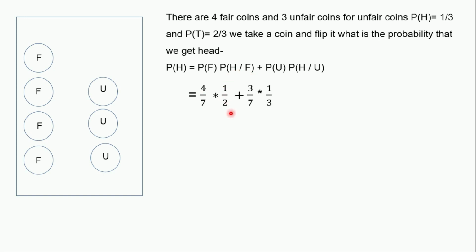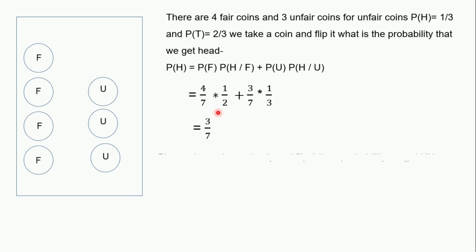And for the probability that we flip an unfair coin, the total number of unfair coins is 3 and the total number of coins in this bag is 7. Therefore the probability that we flip an unfair coin becomes 3 by 7, and the probability that we get head given that we already flipped an unfair coin equals 1 by 3. This is already given, that's why we are writing it here. So here we got the answer.